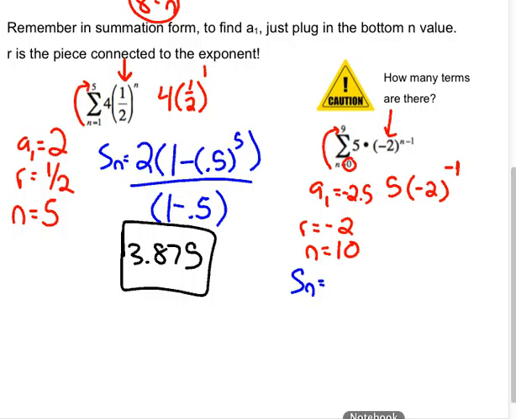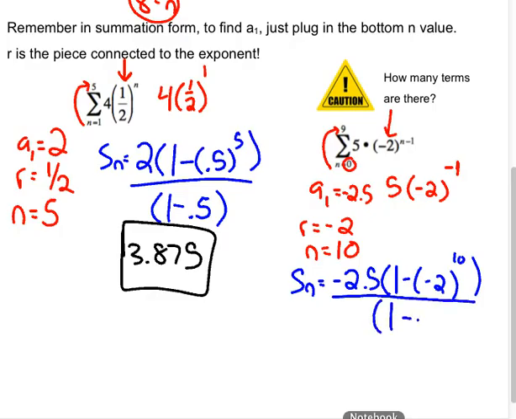Once you've done that, now let's plug everything in. Our first term times 1 minus our rate to the n power over 1 minus our rate.